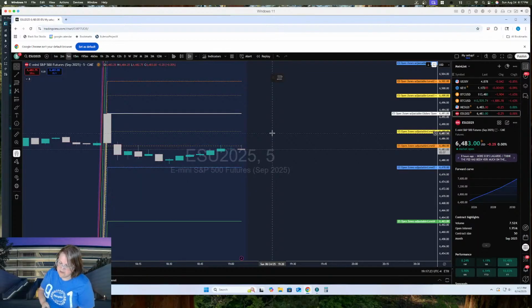Yeah, so each of these levels, again, you're going to have to use them at your own discretion, obviously. But each of these levels, I use them as turning points or bounce points. And so, yeah, every day these will be calculated for you with this indicator right at the open.